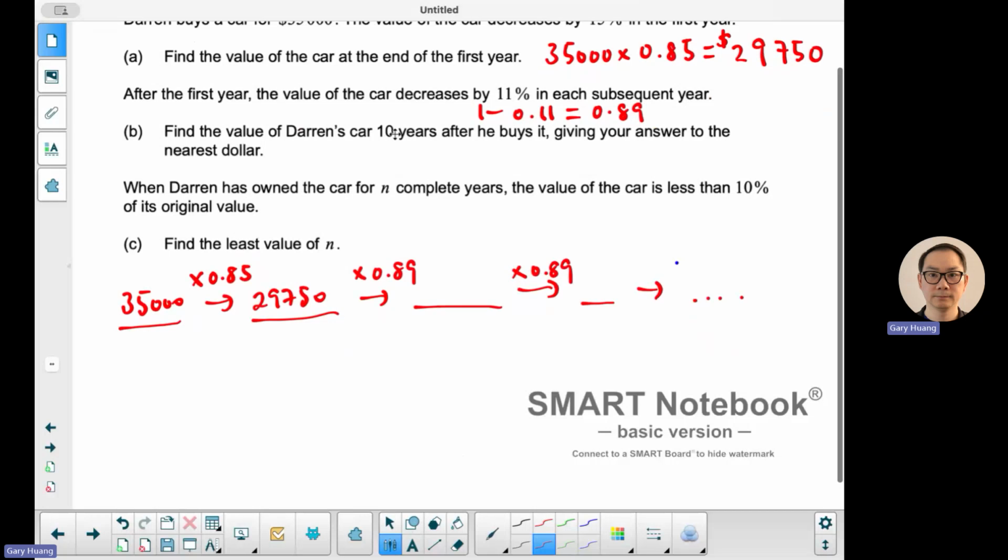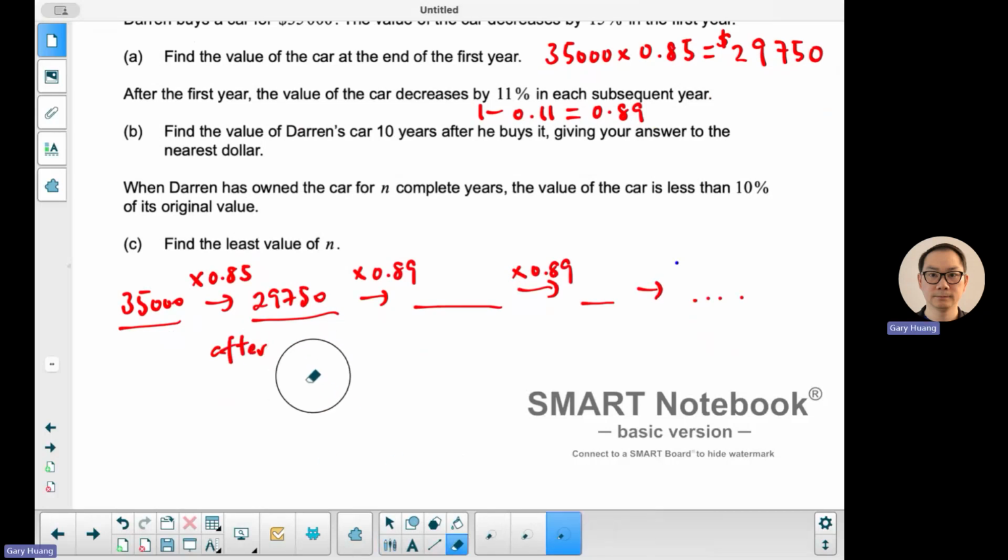Find the value of the car 10 years after he buys it. Well, 10 years, this is after year 1. So this is after 1 year. This is after 2 years.